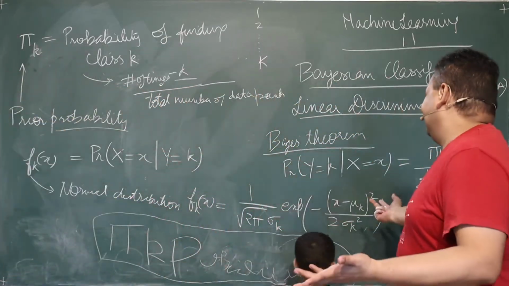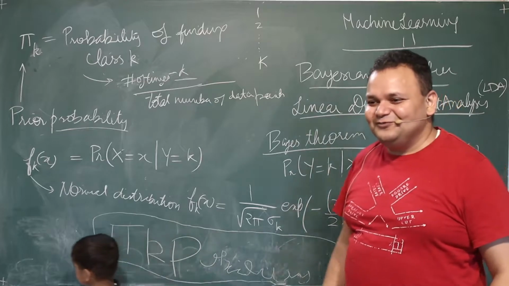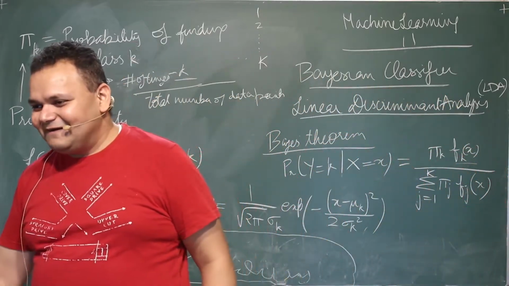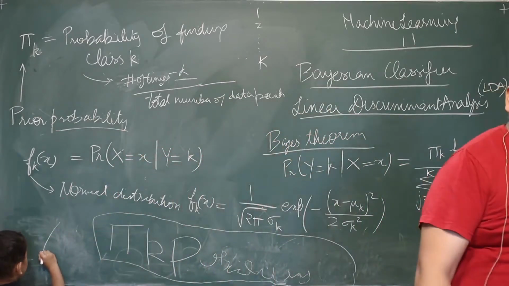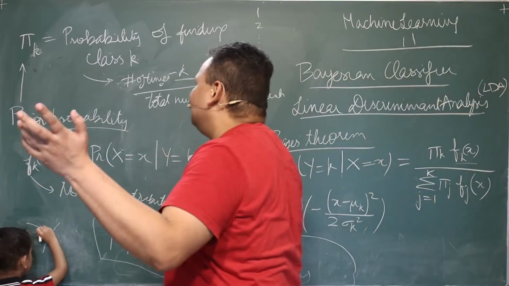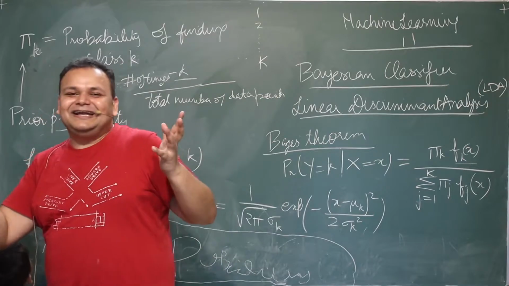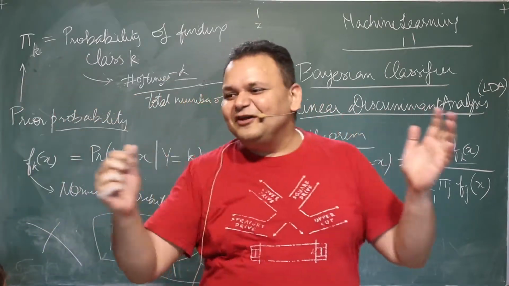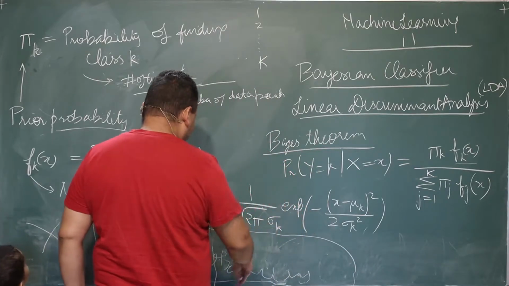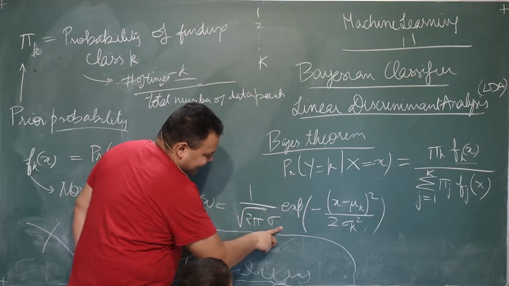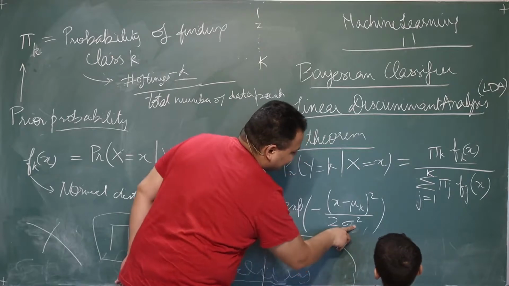Obviously we do not know the values of mu and sigma, so we make another assumption. We are saying that all distributions are equally distributed in one sense, meaning the variance of all the distributions is the same. So I am going to remove this k and just call this sigma.